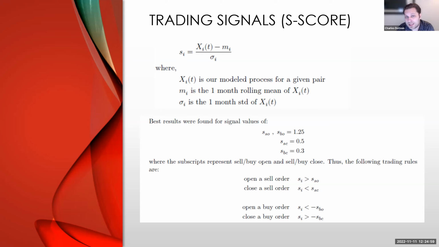Now, a quick note on the S score. The reason why the 1 month rolling mean was used is because, yes, in a sense, this is kind of a Bollinger Band, but it's not. If you set a hard stop on any simple pairs trading strategy, you're going to get out too early, right? Because with the filtration algorithm, we know that it's going to revert.